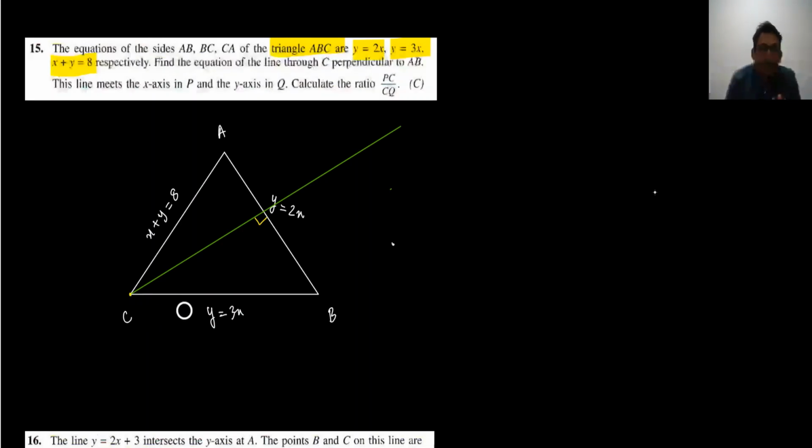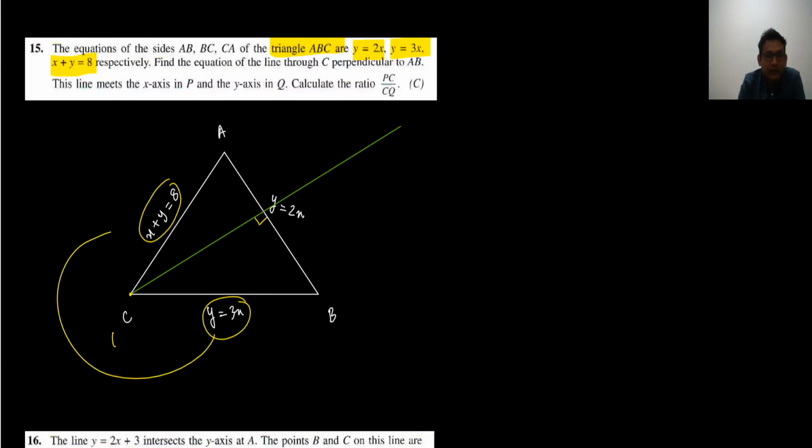Okay, this is a lengthy question, but I will explain how to do it. So can you find the equation of this line? First of all, we need to find the equation of the line through C, which means we need the coordinates of C. For the coordinates of C, I have to use these two equations, because these two lines are intersecting at point C. So y = 3x I can substitute in this equation.